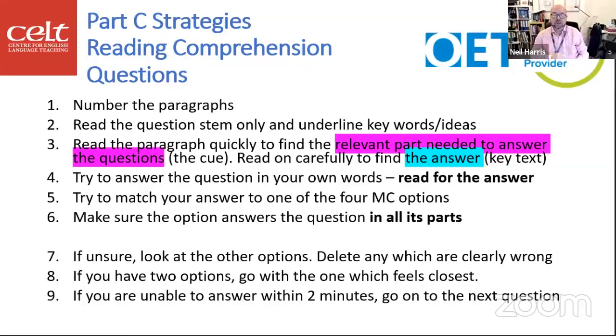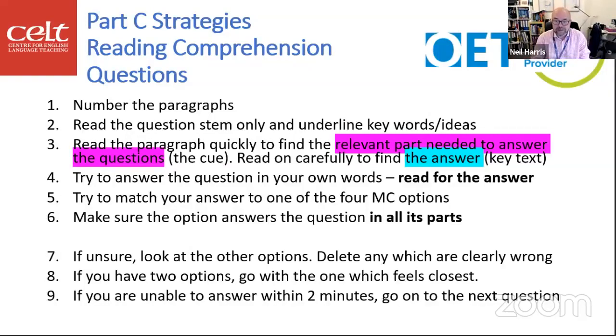The next thing you should do, and this is absolutely critical, is that you should be reading the question stem, not the text. If you are starting by reading the passage in full, change that, don't do it. Read the question stem for each question, that's the question part, top part, before you do anything else.